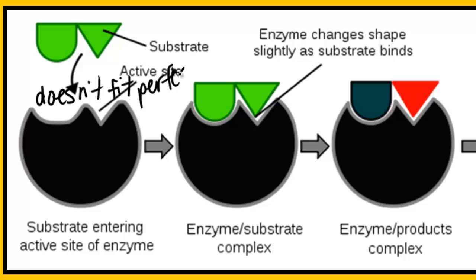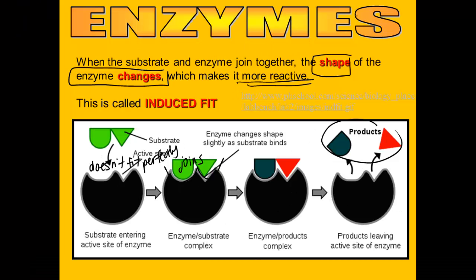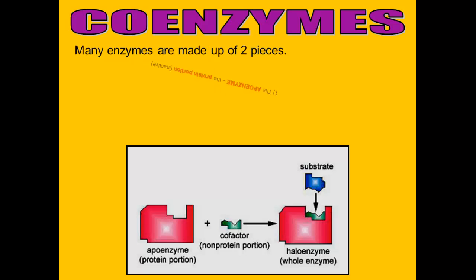But as soon as they make contact, the enzyme will shift and move until it fits perfectly. And it keeps moving until it stresses the substrate in some way. This is called induced fit, because as soon as they touch each other, the enzyme will fit exactly properly onto the substrate.